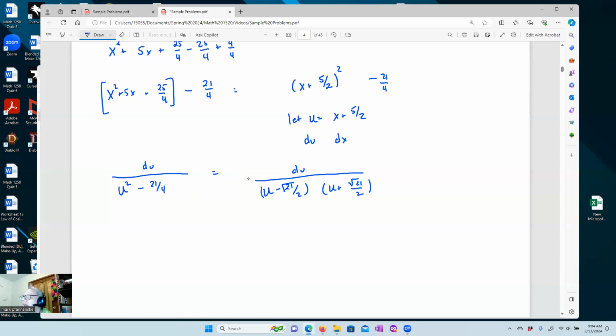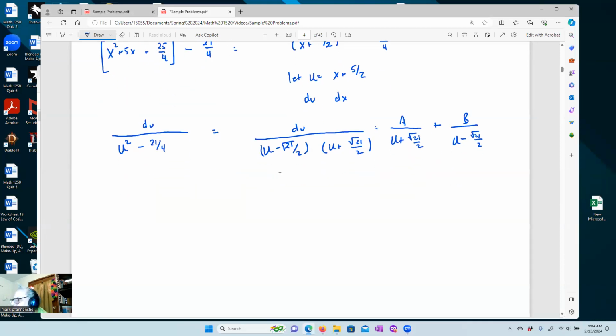And now we're going to use partial fractions to say this is going to be A over u plus the square root of 21 over 2 plus B over u minus the square root of 21 over 2. Okay, now we've got to deal with this.